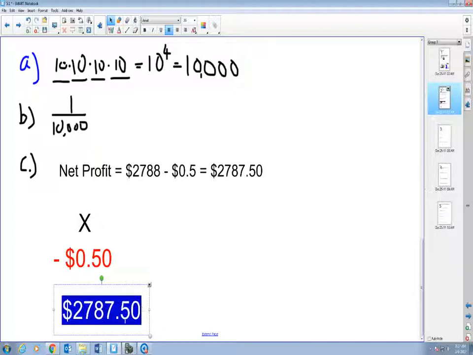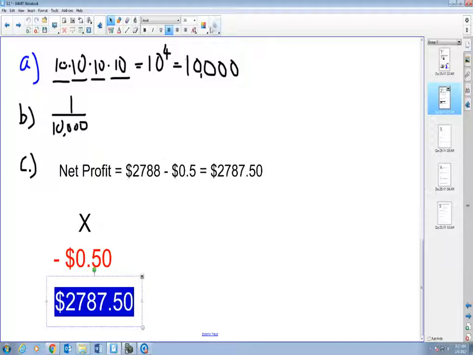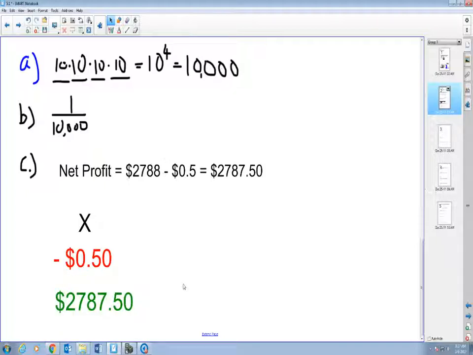I'll put that in green, like money, a little bit darker green. So that's my random variable: losing the 50 cents or winning the $2,787.50.